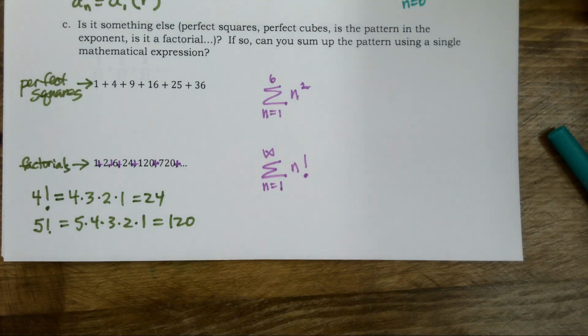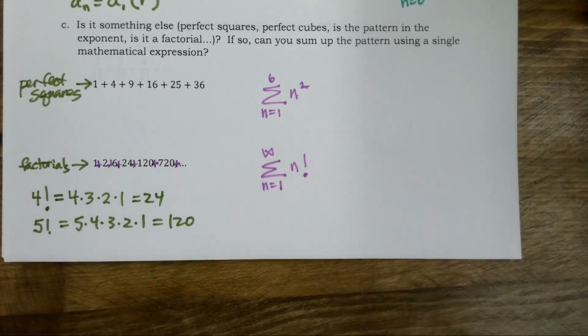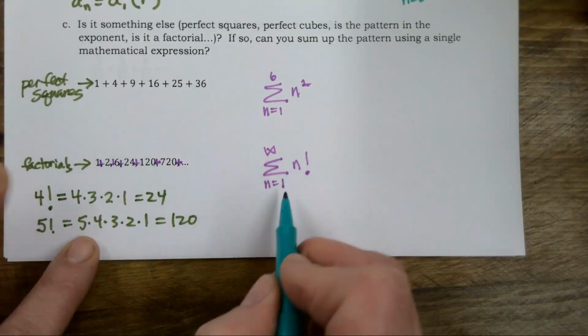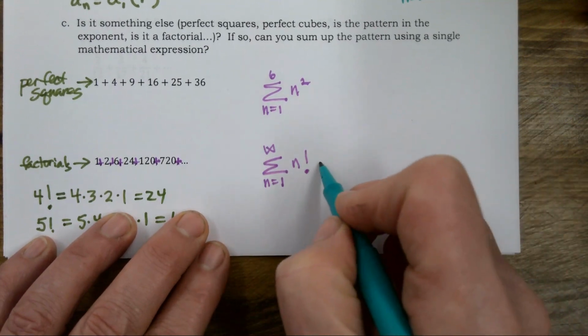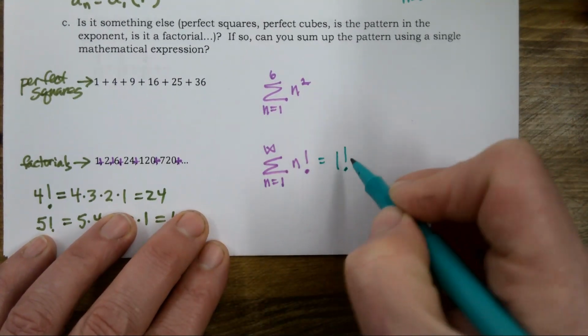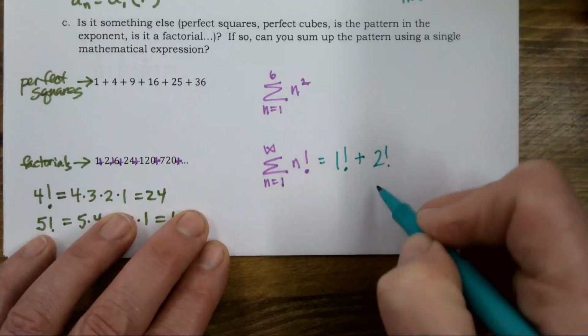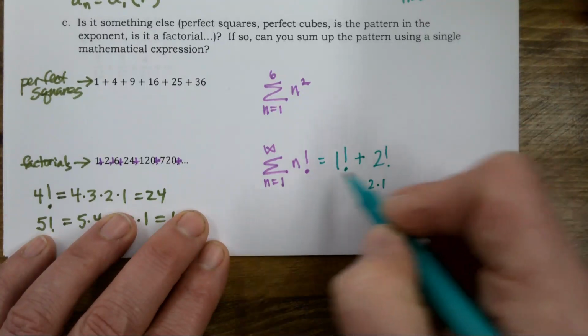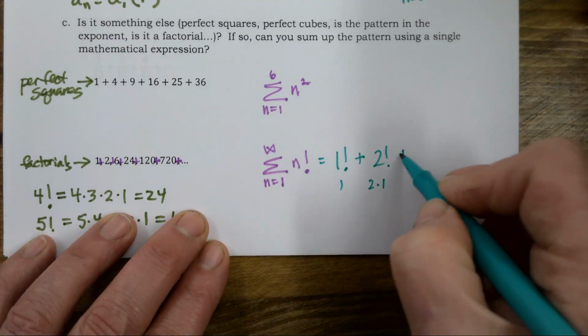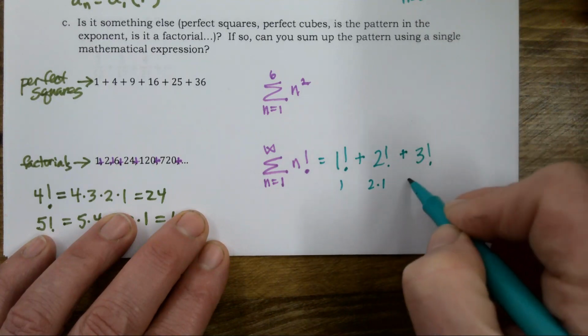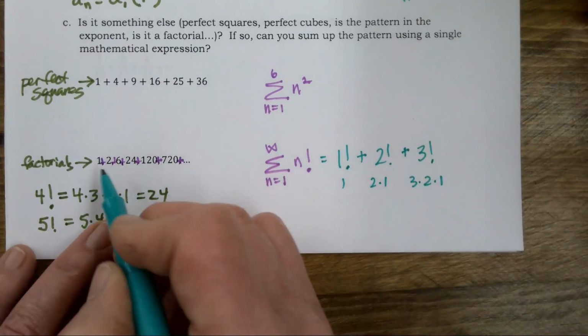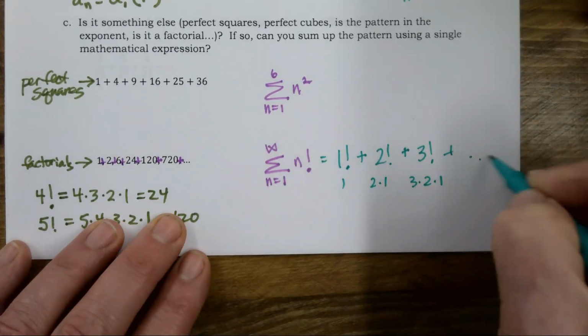And again, if I expand this out, this equals 1 factorial, which is 1, plus 2 factorial, which is 2 times 1, plus 3 factorial, which is 3 times 2 times 1, which is 6, plus and so on. You get the gist, right?